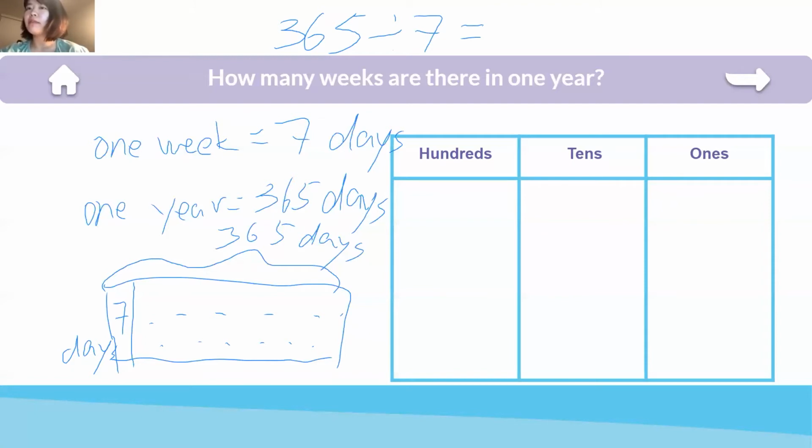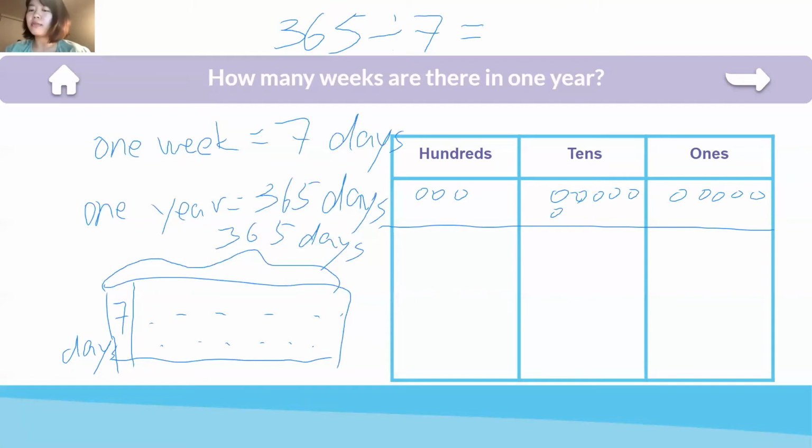And we have 365. We can also write it as 3 hundreds, 6 tens, and 5 ones. Okay, so this is 365. And we're breaking it into 7 groups.